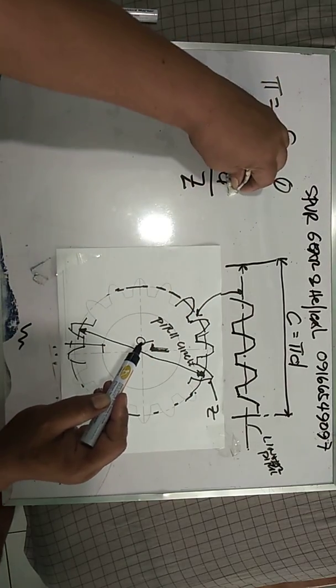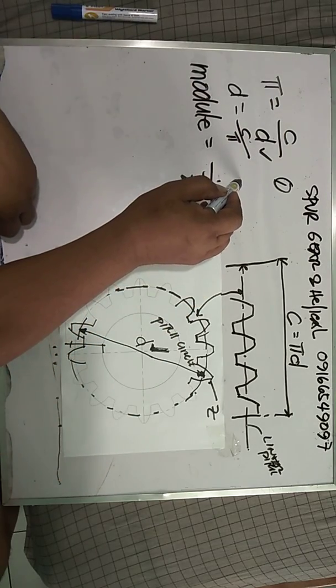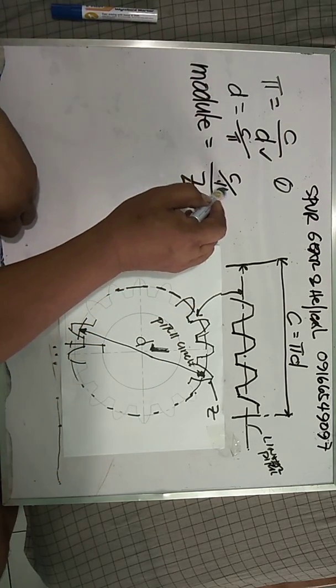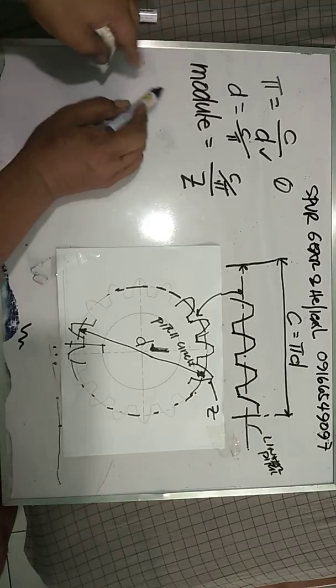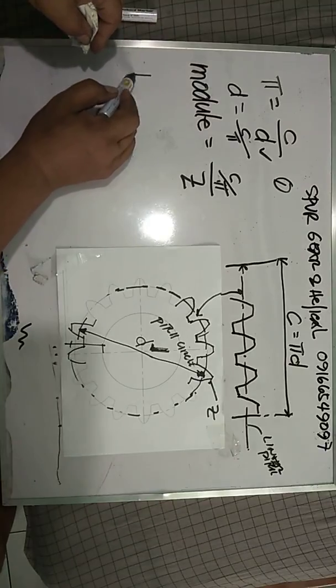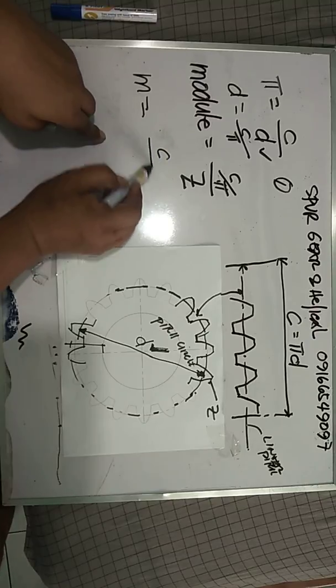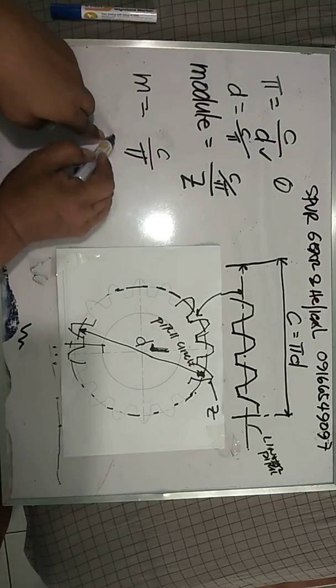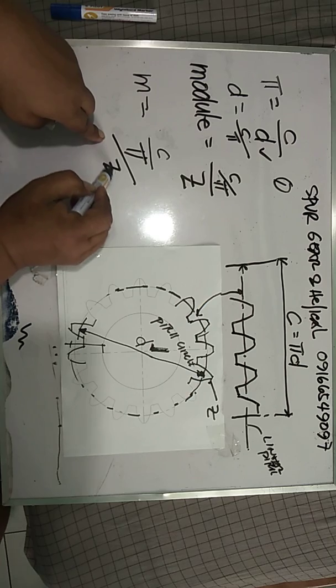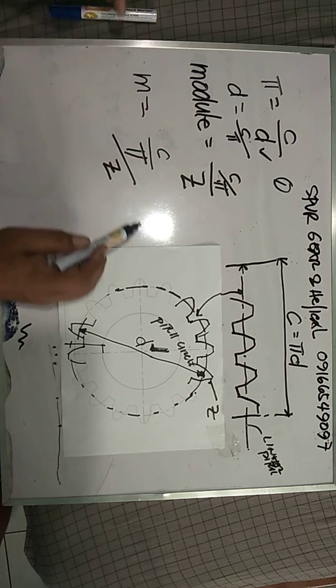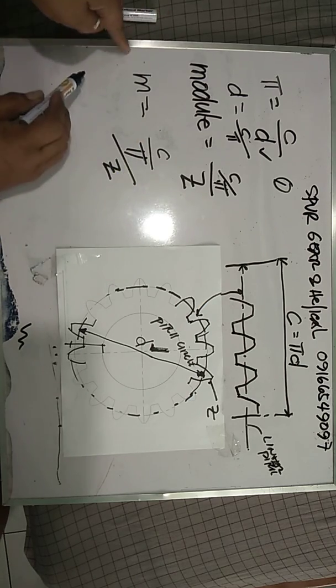So module now becomes circumference over pi over the number of teeth. So we transpose it to the other side, you know that.